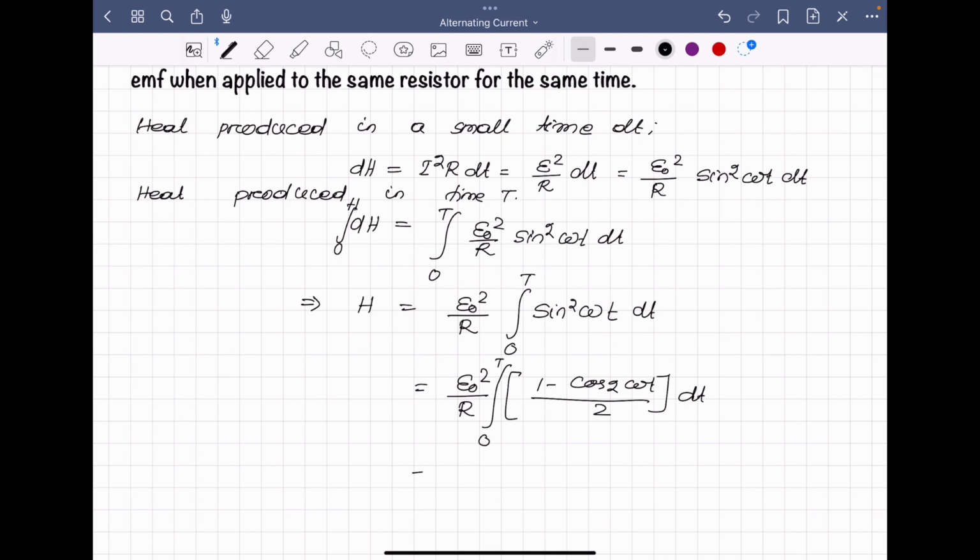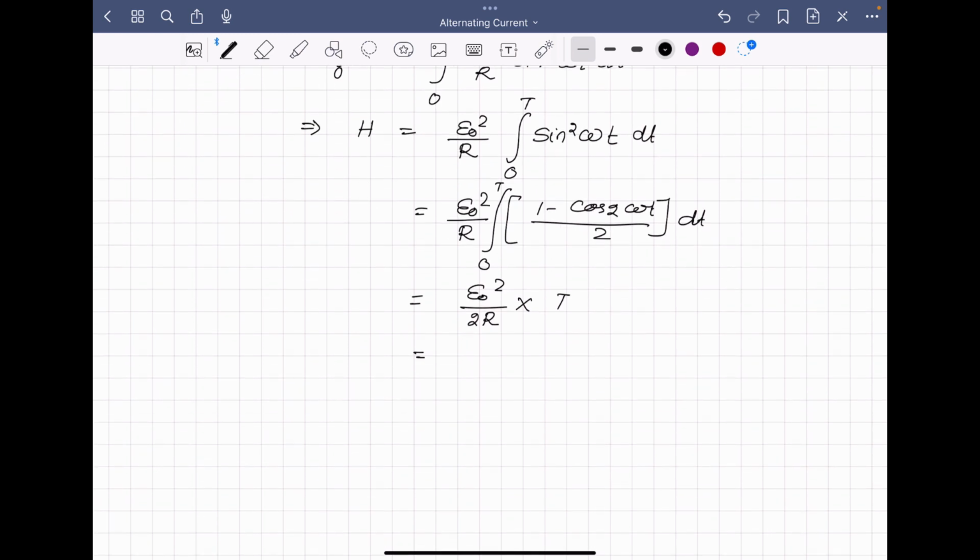Okay. Then this becomes E naught square upon 2R into T. Okay. Then E naught square T upon 2R. Okay. Then what we have?